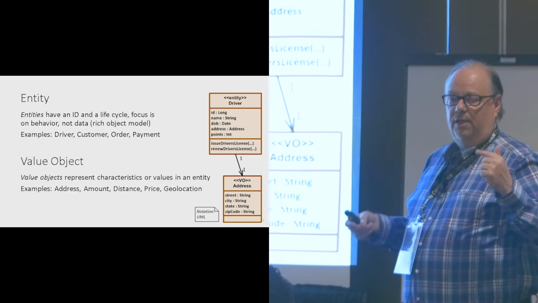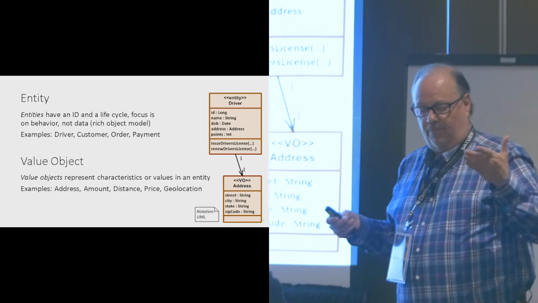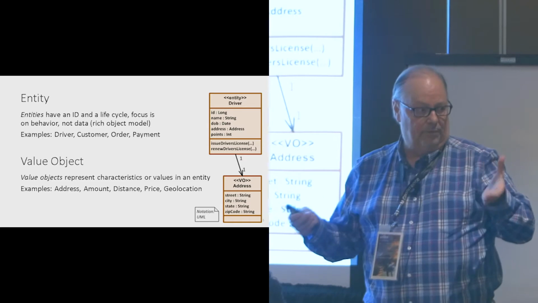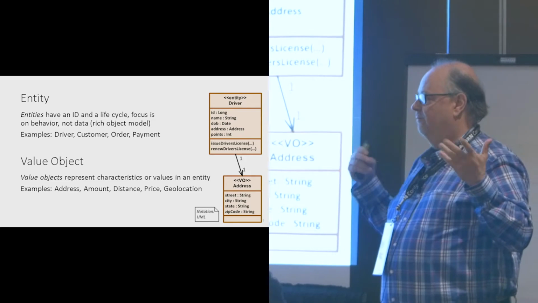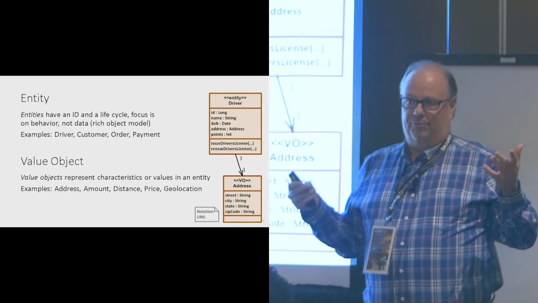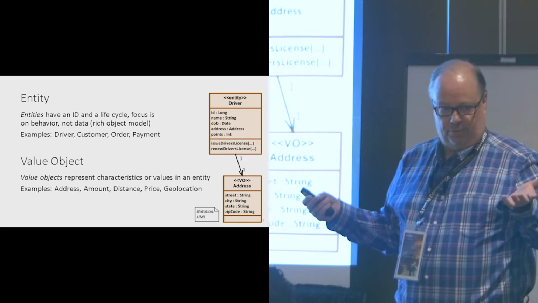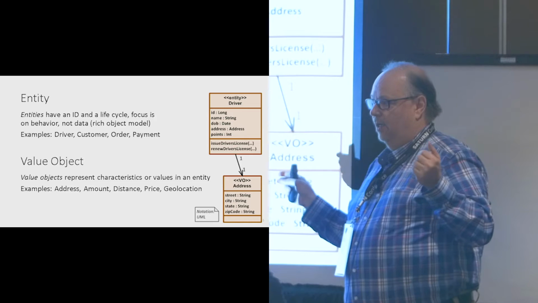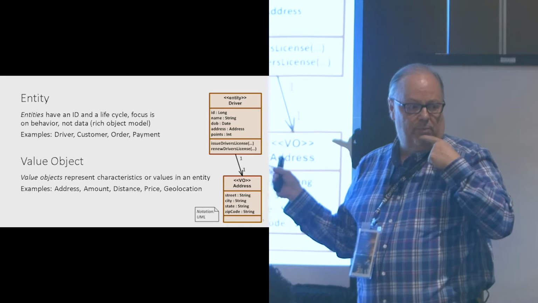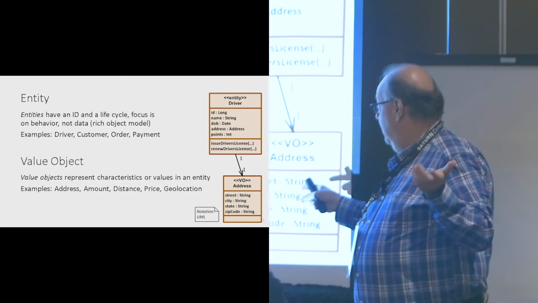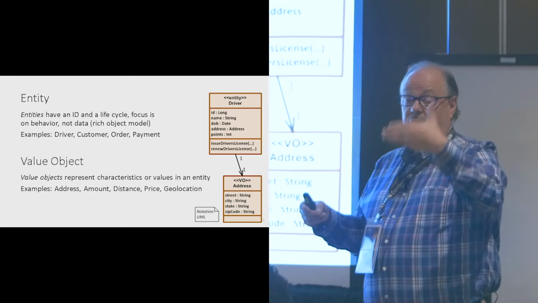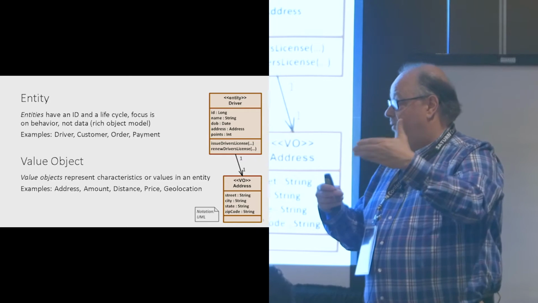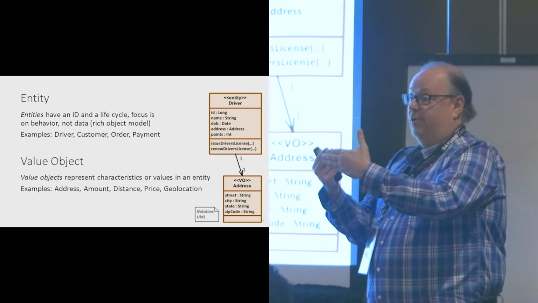And then another concept in DDD that Eric picked up from the 90s as well and included in there is this concept of value objects. Value objects are really like smart attributes. That's what Brian Foote and I were calling them in the 90s, before Eric Evans. Value objects have been around for a while, but you can think of things like address. Even integers have different behavior on them.